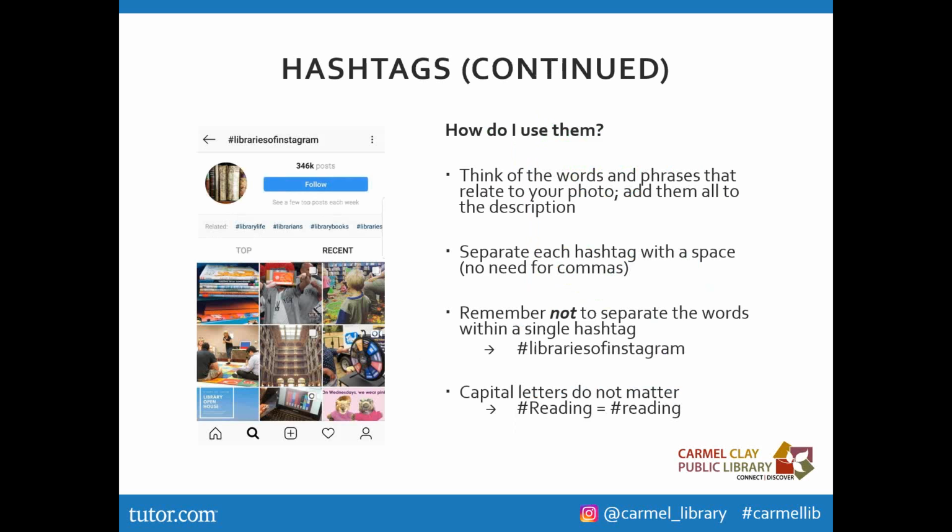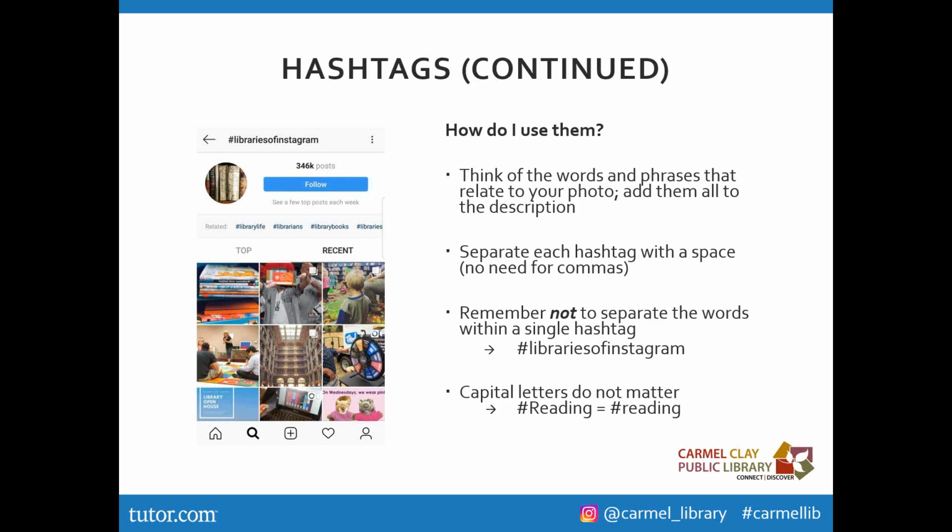It'll bring you to a page where everyone who's used that hashtag, it shows all of those pictures. So there's, as you can see, a top and a recent. The top would be most popular posts or most liked, I guess, with that hashtag, and recent would be the most recent post with that hashtag, and that is always changing. Basically, it's all about categorizing.